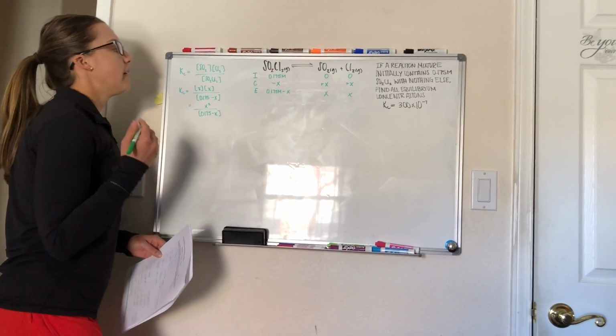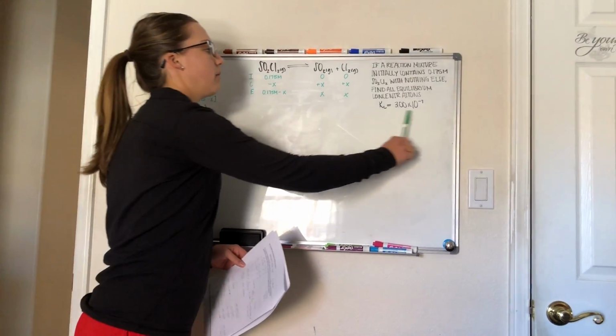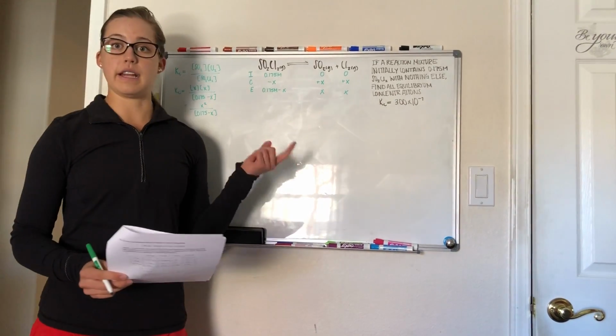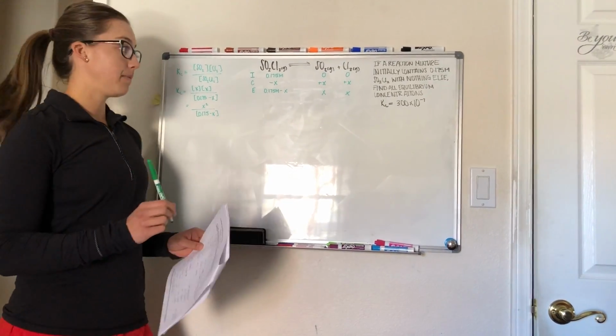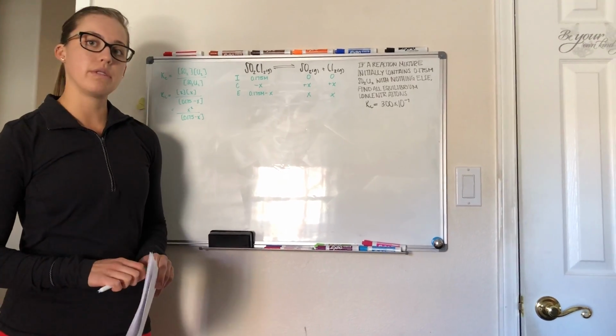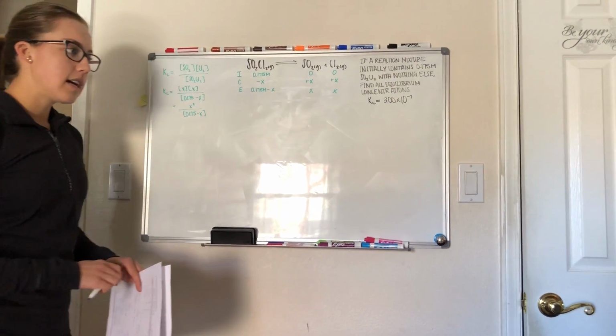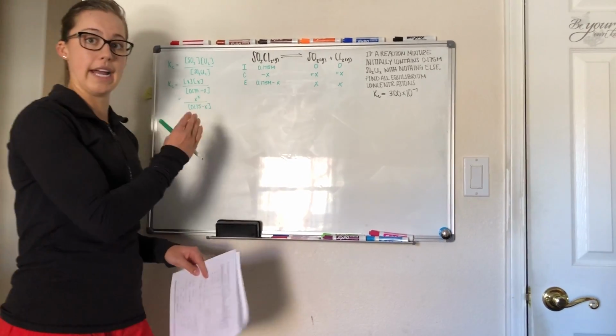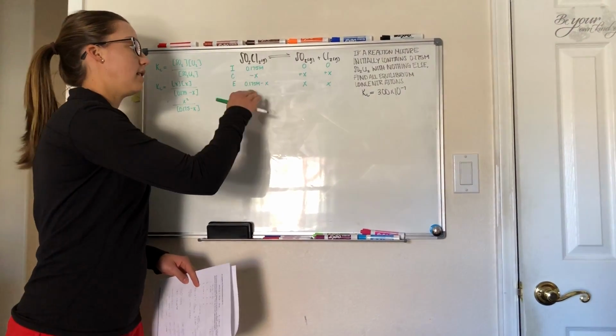So if we take a look at our equilibrium constant here, we see that it's 3.0 times 10 to the negative 7. Now that's a very small number, and if we have a small equilibrium constant, that tells us that at equilibrium, this reaction greatly favors reactants. So it lies a lot to the left side.